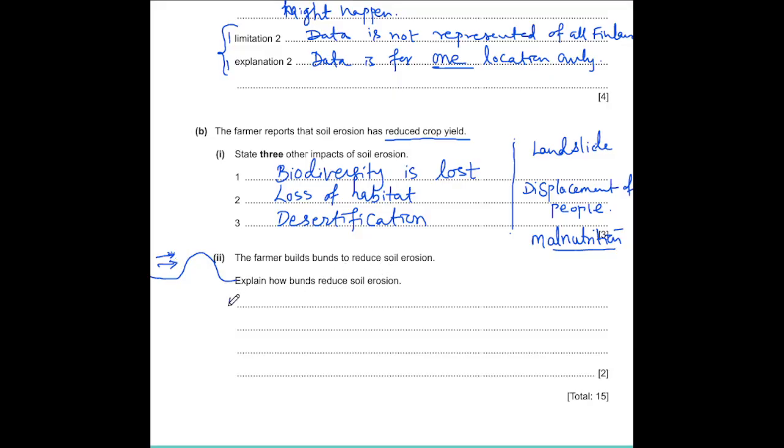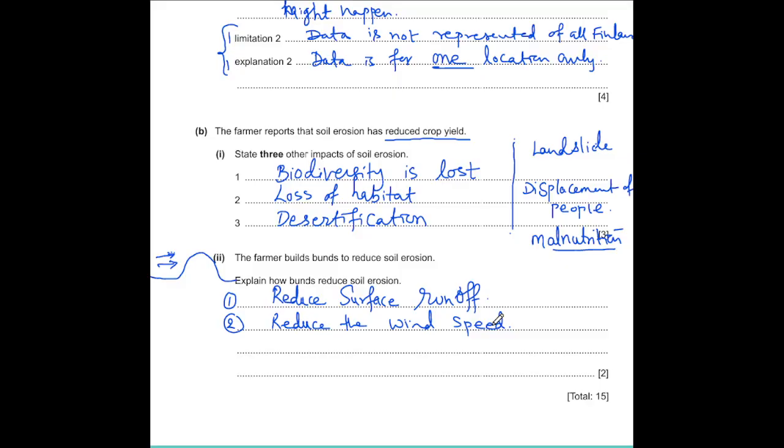The first, as the diagram shows here, reduces surface runoff. Fine, reduces the surface runoff. Second one is it reduces the wind speed.